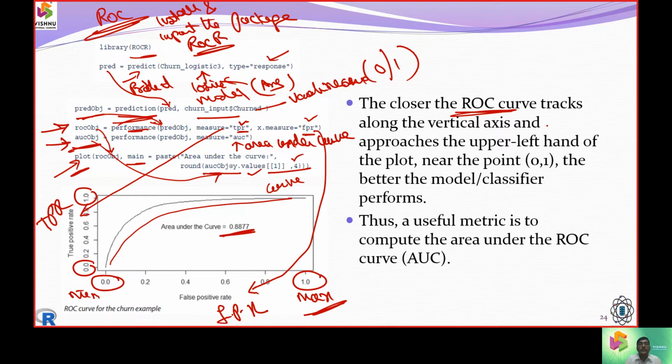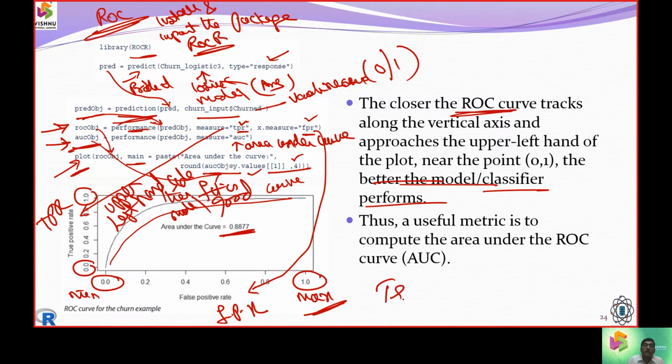If the curve is towards the upper left-hand side, then the fit is good. It is going to be a better model or a better classifier. That means the true positive rate must be very high, near to 1.